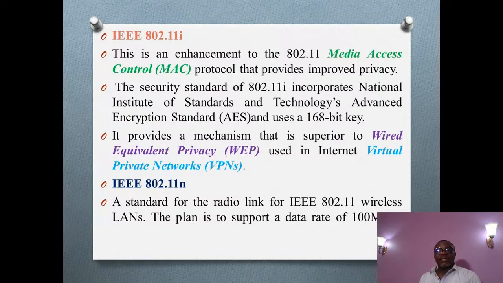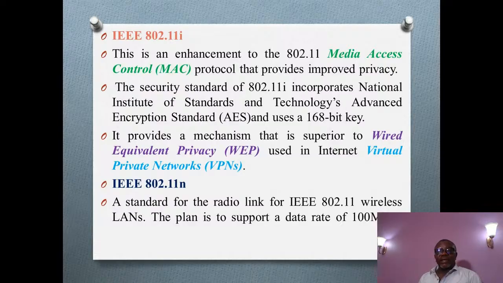For instance, 802.11i is the enhancement of the 802.11 media access control protocol that provides improved privacy. The security standard of 802.11i incorporates the National Institute of Standards and Technology Advanced Encryption Standard, AES, and uses a 168 bit key.